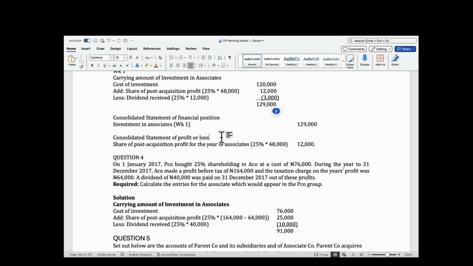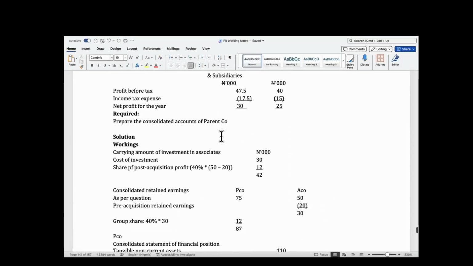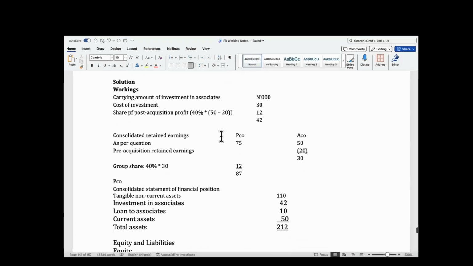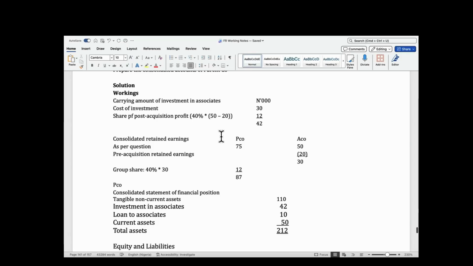We also learned that if there are intra-group transactions between the parent and the subsidiary, all income and expenses are cancelled out, just like we would do for investment in subsidiary. But assets or liabilities are not cancelled out in the statement of financial position.